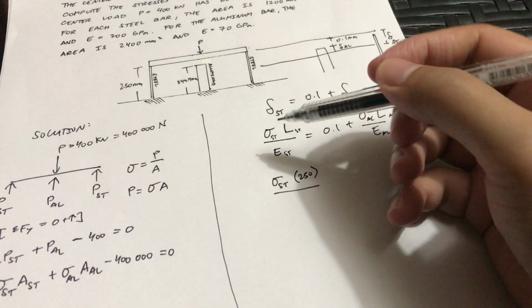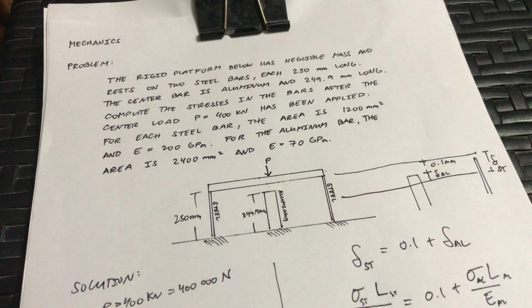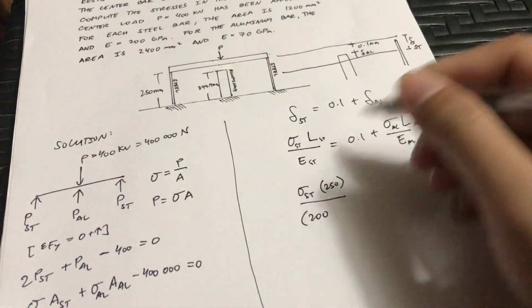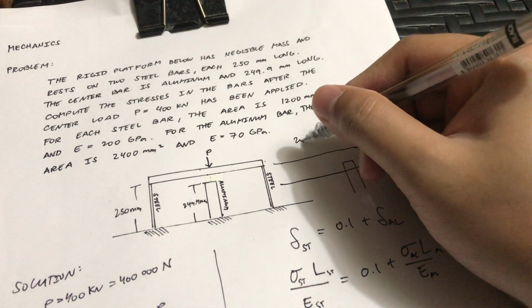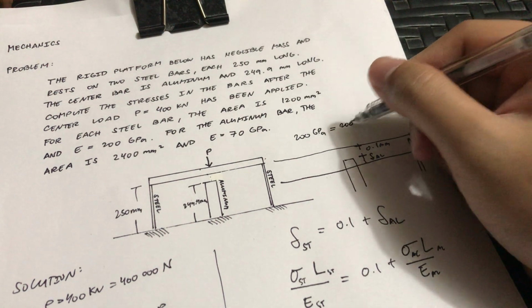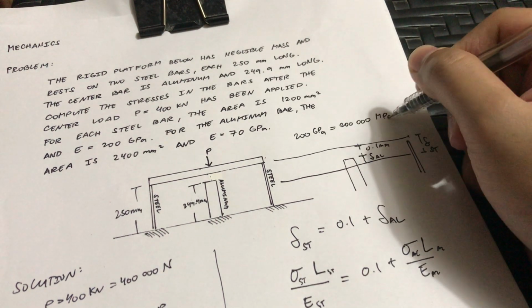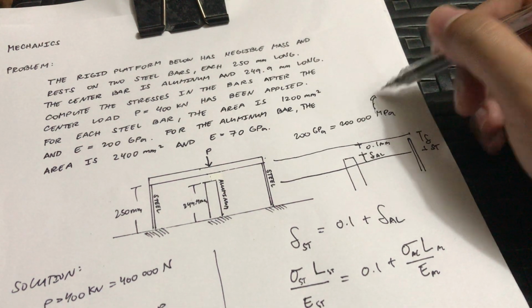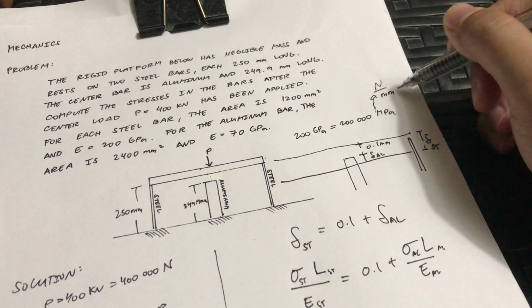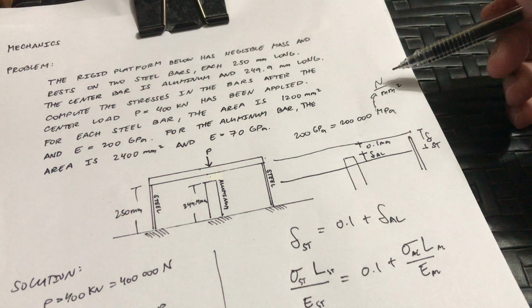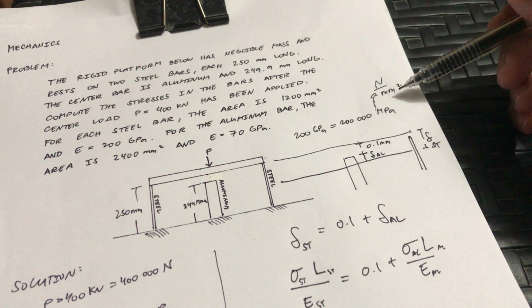The E for the steel is 200 GPa. Note that 200 GPa is just equal to 200,000 MPa. MPa is Newton per mm squared. So we'll convert all our units in terms of Newton and mm squared.